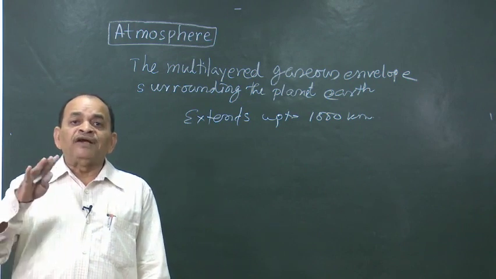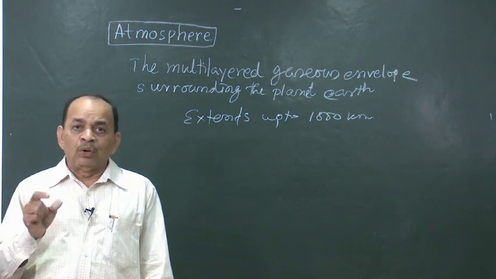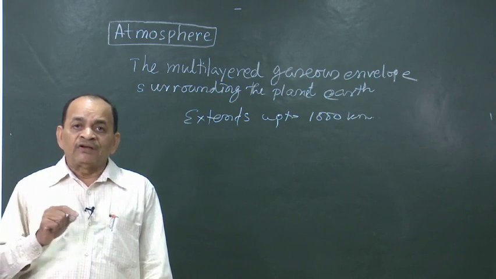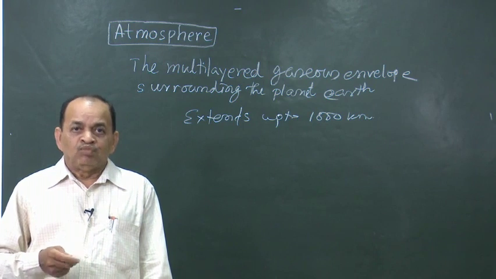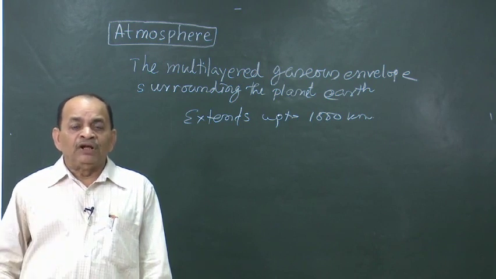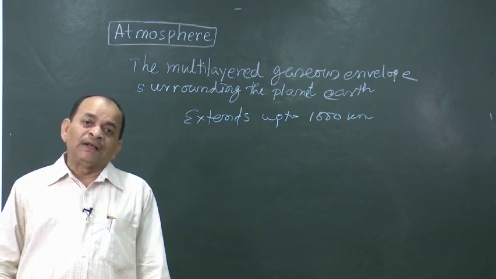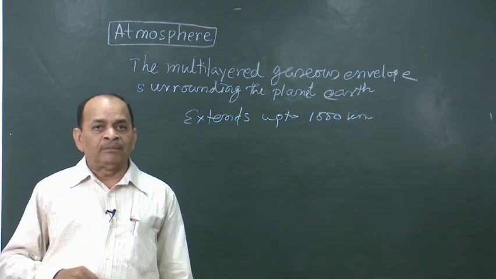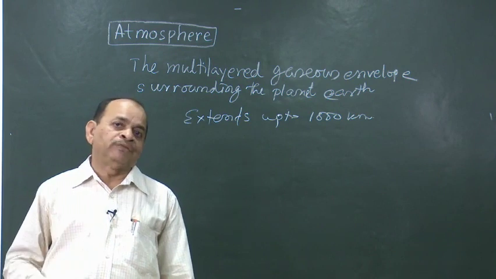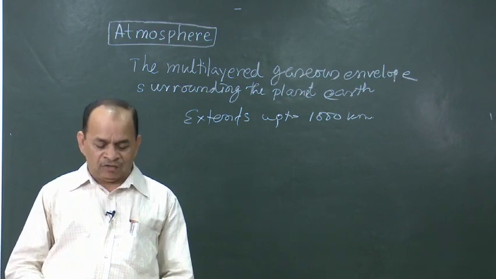As you know, in the winter season we wear a sweater which serves as an insulator. Similarly, this atmosphere serves as an insulator to prevent heat loss from the surface of the earth.